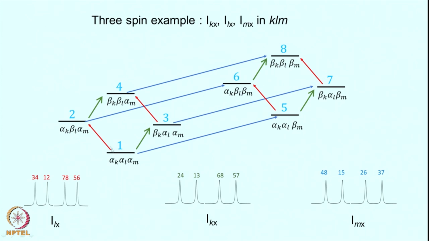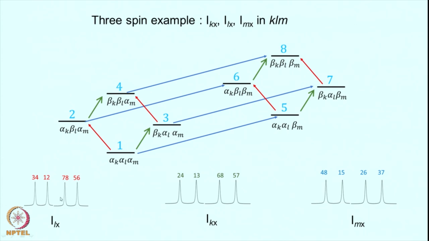Now the duplication happens: these transitions belong to one spin, all the red ones belong to one spin and these green ones belong to one spin as before. And now you have the 3rd spin transitions happening from here to here, here to here, here to here and here to here.